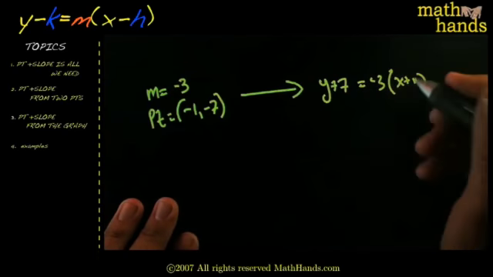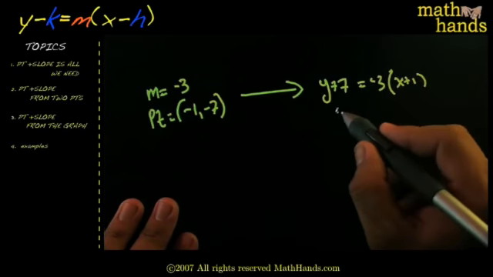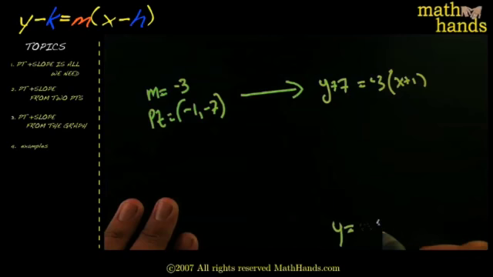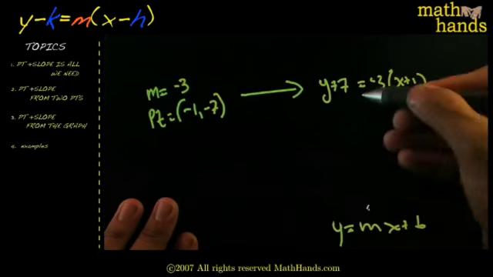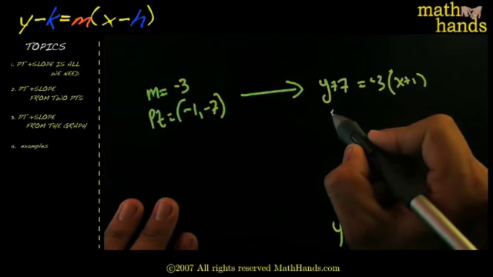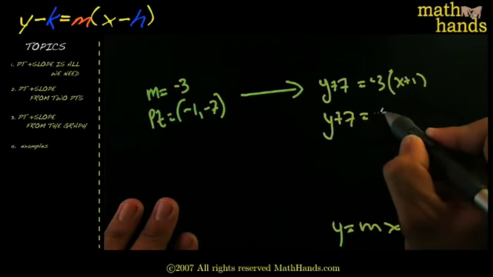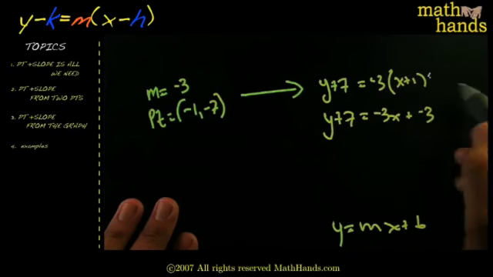Incidentally, suppose you wanted to go from the point slope form to the y-intercept form. Remember, the y-intercept form was a form that looks like this: y is equal to mx plus b. Once you've got the point slope form, it's easy to get there. All you do is solve for y. Here, I'll do this for fun. y plus 7 is equal to -3x plus -3. I distributed that. It's the famous distributive law.